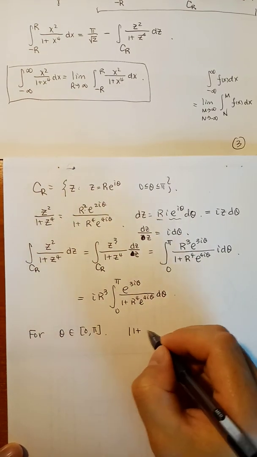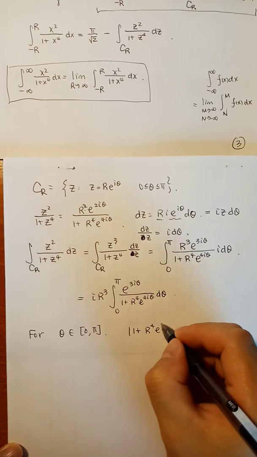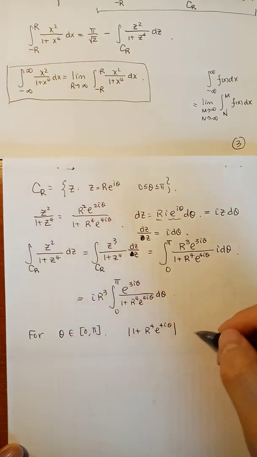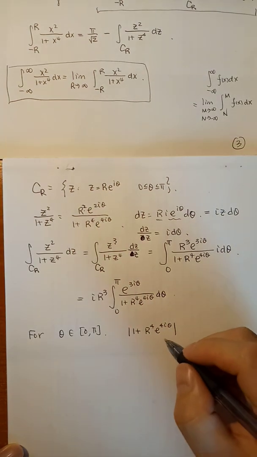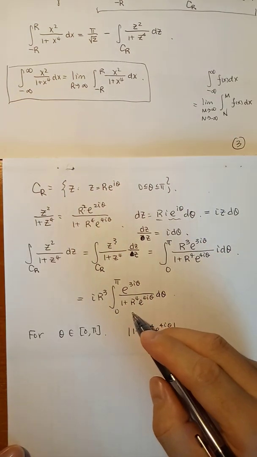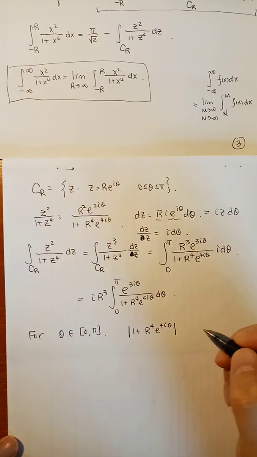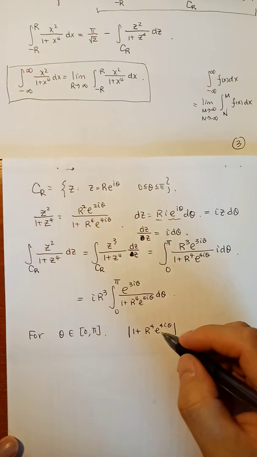This 1 plus R to the 4 e^{4i theta} actually measures the distance between the point and -1. Or in other words, let's not use -1, since -1 is still inside.